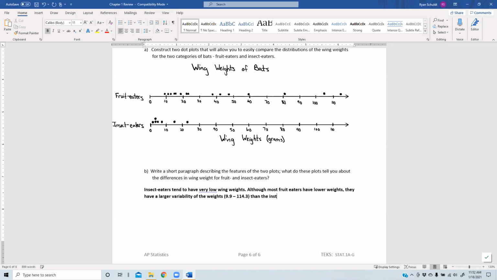Then the insect eaters, which tend to go from 3.5 to 23.8.